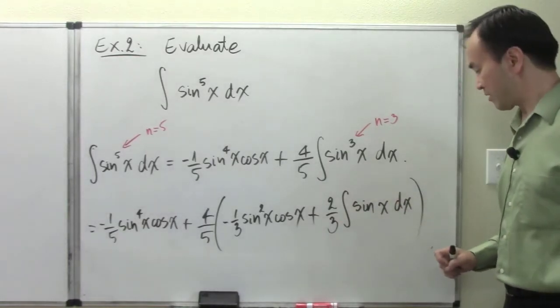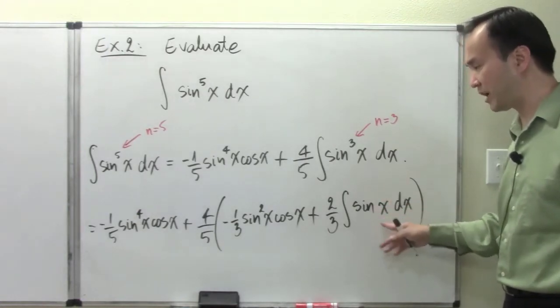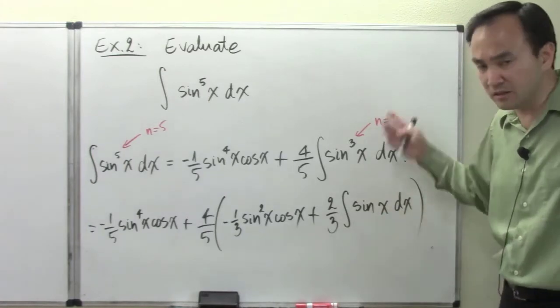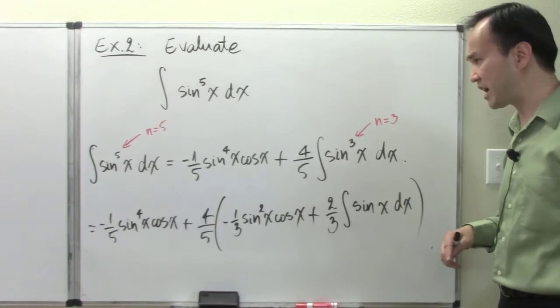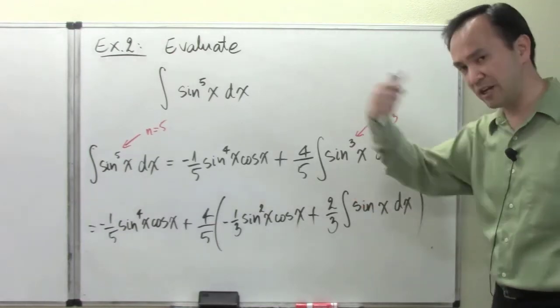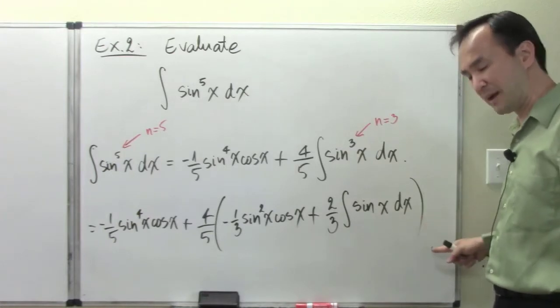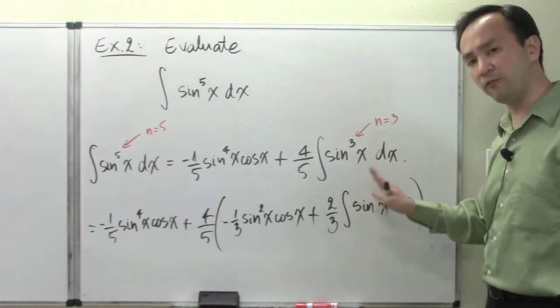Now for this one, we don't need to apply the reduction any longer. We can find the answer right away, because anyone knows this one by heart. That's the point of the reduction formula. It's pretty effective. It keeps reducing your integral to lower and lower powers, so that at some point it runs into something you're so familiar with.